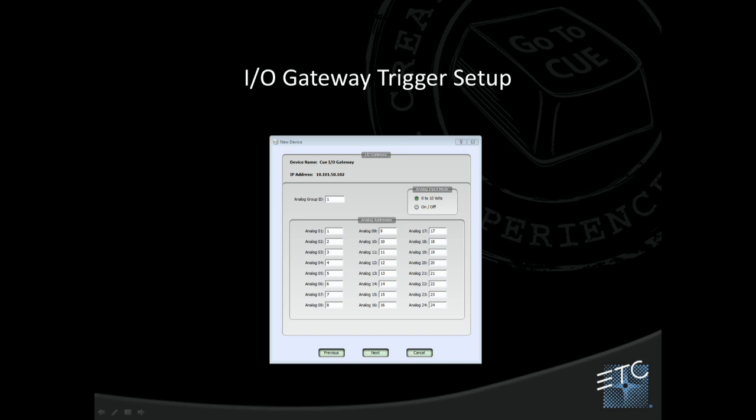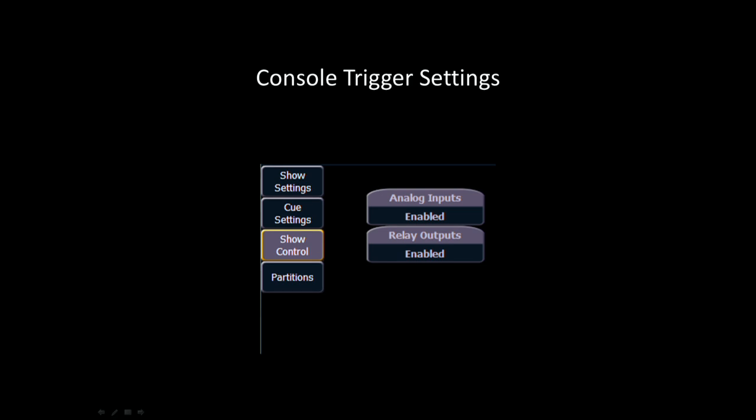Talking first about the actual internal functions of that gateway, we have either contacts in or analog in. This is just a setup screen built into Gateway Configuration Editor to actually set that up. We also have the same settings in the console for either enabling analog inputs or enabling relay outputs.